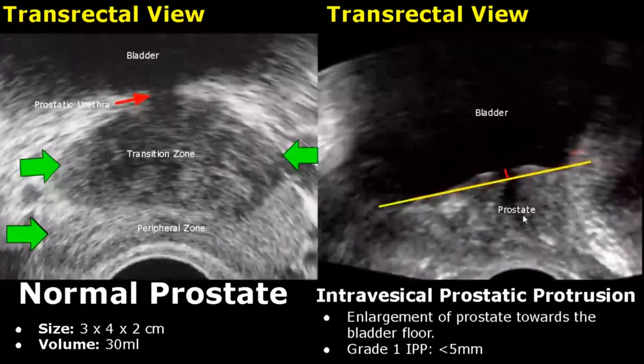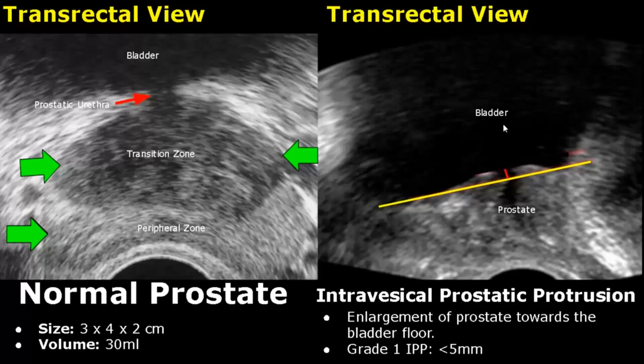Benign prostatic hyperplasia can lead to intravesical prostatic protrusion. It is the enlargement of the prostate towards the bladder floor. This imaginary line is the boundary between the bladder and the prostate, and here is the protruding prostate.